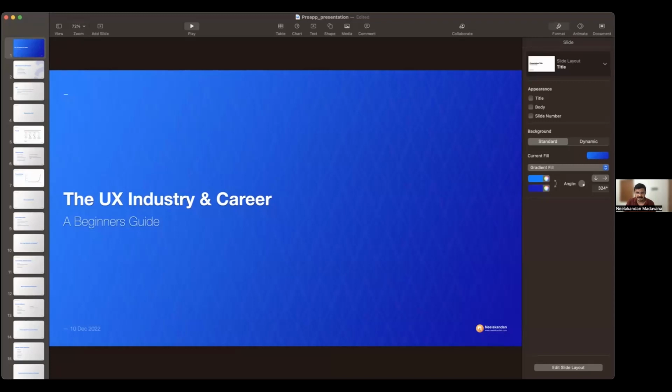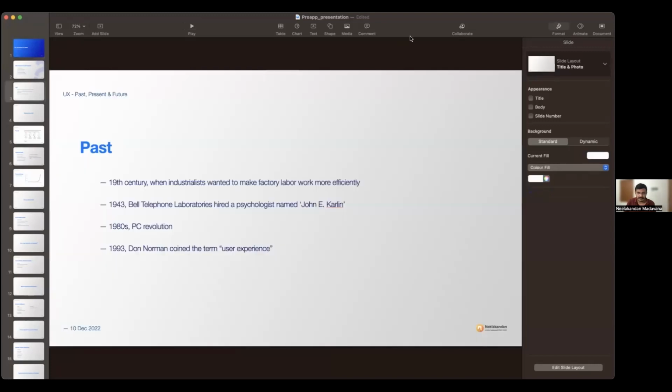Are you able to see the slide right now? It's just the UX industry and career. The front slide we are able to see. Yeah, right now it is. Now we can. Yeah, I'll not go into the play mode then. I'll just keep it like this and then we'll share it. Fine, sure.